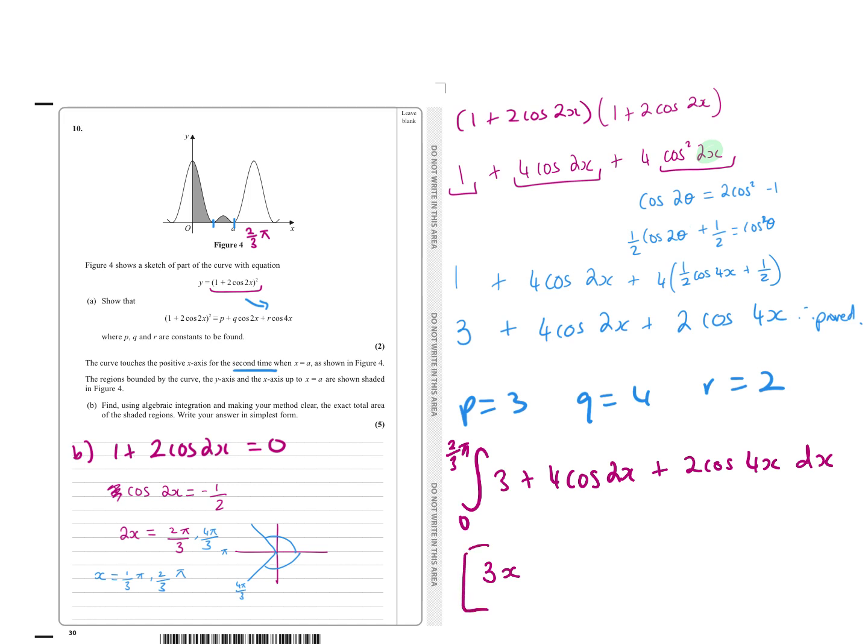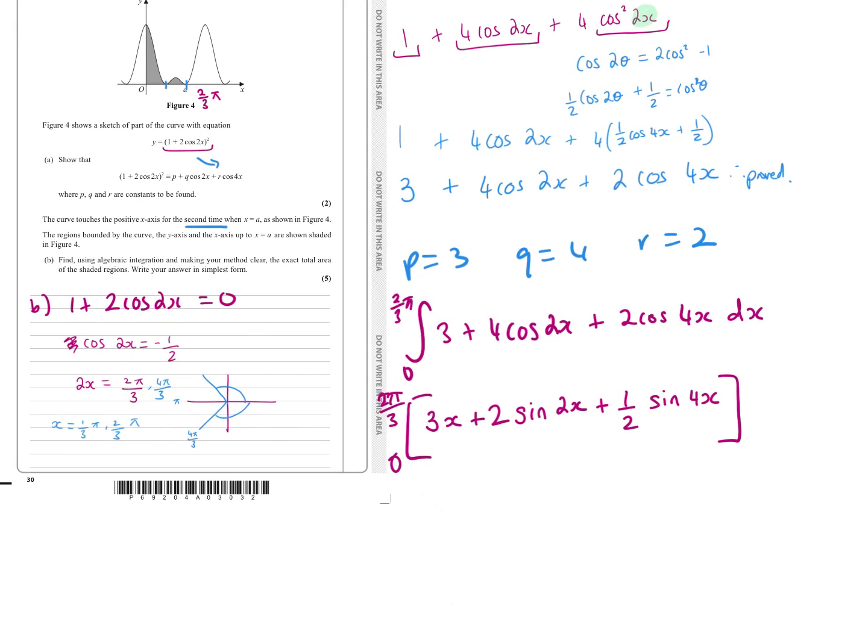When we integrate cos, we get sine of 2x, and then we need to divide 4 by the differential of the bracket. 4 divided by 2 is 2. Integrate cos again, we get sine of 4x, and then 2 divided by 4 is a half. Between 2 pi over 3 and 0?